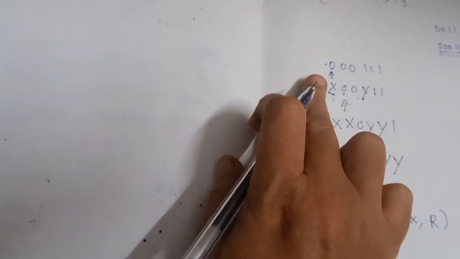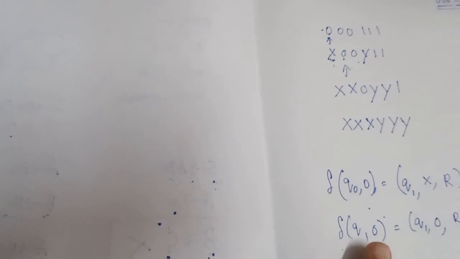Next, after reading 0 and writing, we are just moving to right. Whenever I see 0, q1 on 0, going to the same state. It is not changing 0 to anything else here. We are just moving. So 0 is replaced with 0 only and moving to right.